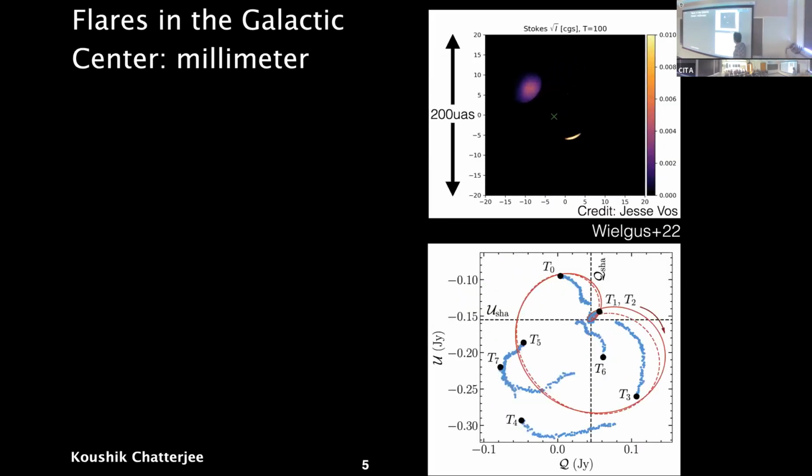Now, additionally, this Wielgus et al. paper also detected polarization with ALMA.